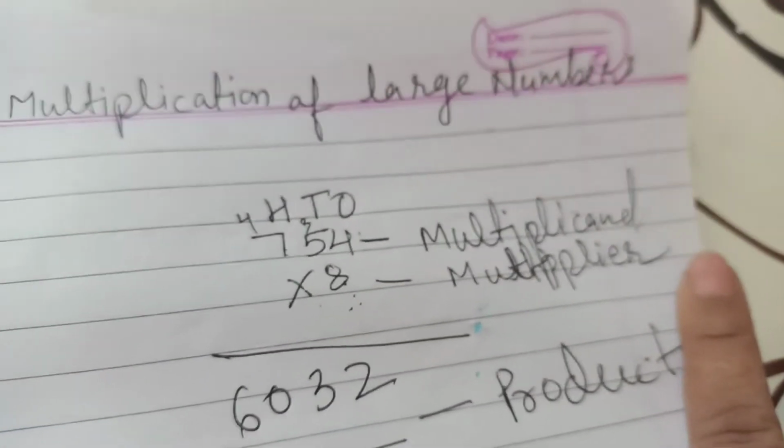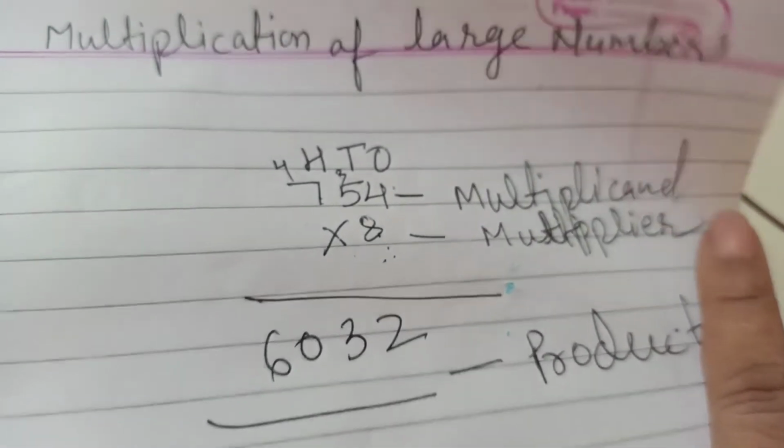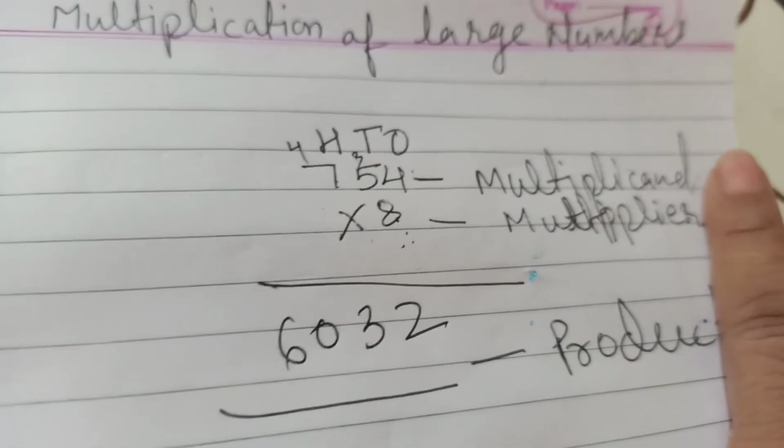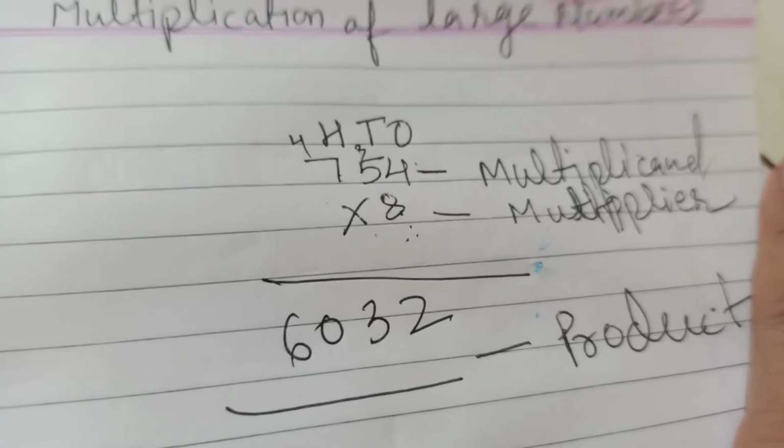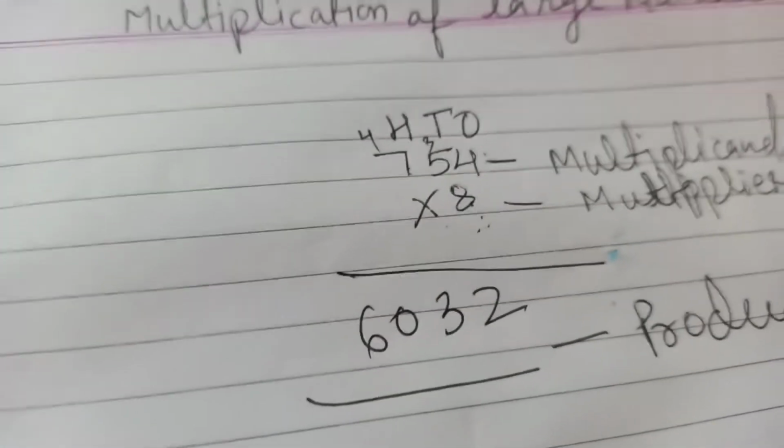Is it clear, everyone? 754 is the multiplicand, 8 is the multiplier and 6032 is the product.